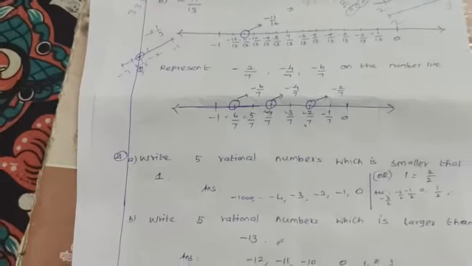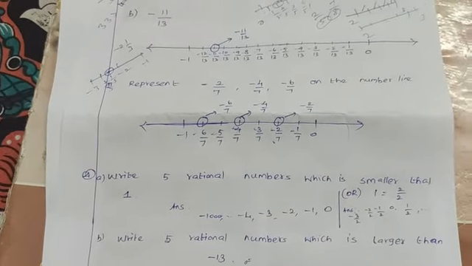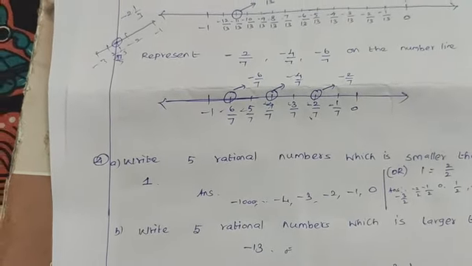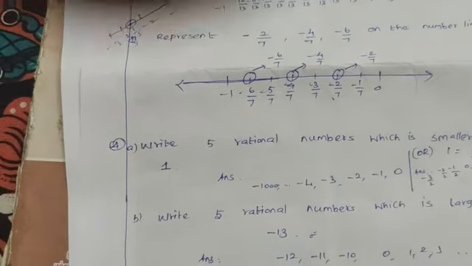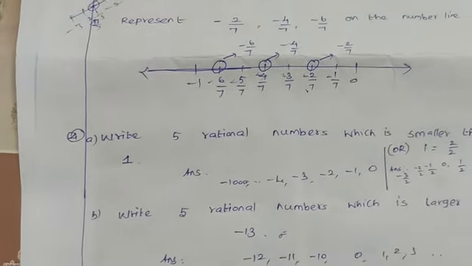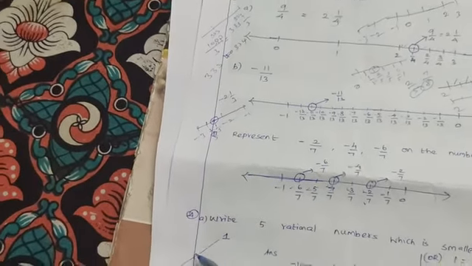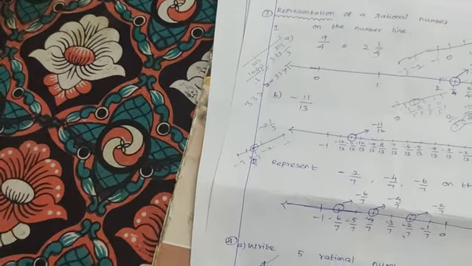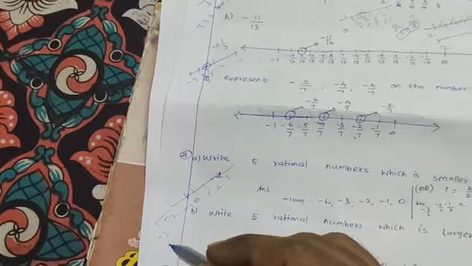Right. Next, write 5 rational numbers which are smaller than a given number. Here I am giving example 1. We know that in the number line, smaller than: here 0, here 1, 2, 3, here -1, -2, -3 and so on.